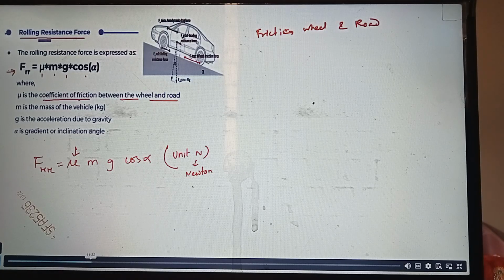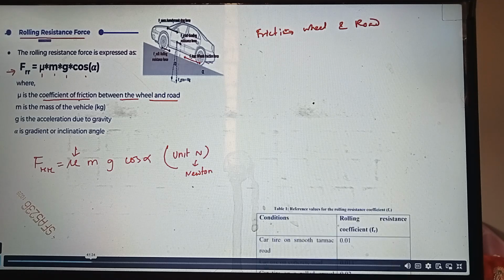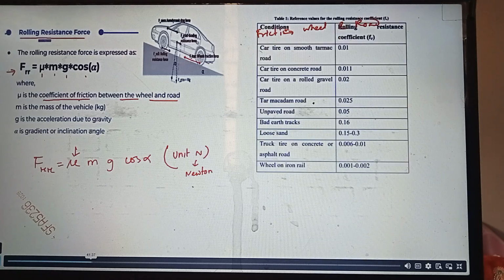Now, how do you get its value? Depending on the type of road and the type of tire, this coefficient of rolling resistance has to be taken. For example, for a car tire, typically on a concrete road, this mu r or mu we can select as 0.011. Similarly, if you're talking about loose sand, it goes higher.